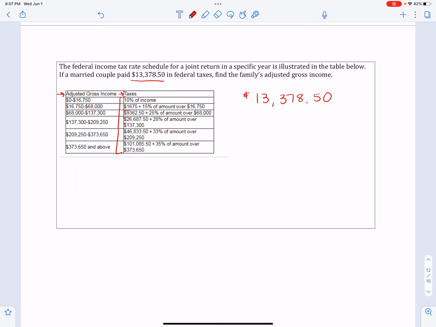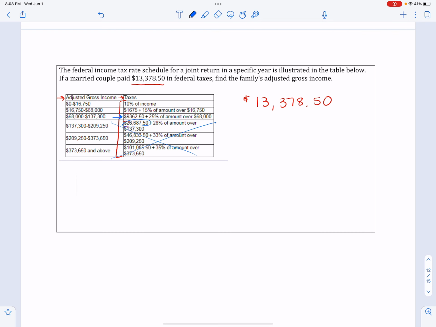So if they paid $13,378.50, they can't be any one of these three, because notice the base rate here is over $26,000. That's too much. So find the one that's just below it, and that's going to tell you how their taxes were calculated.